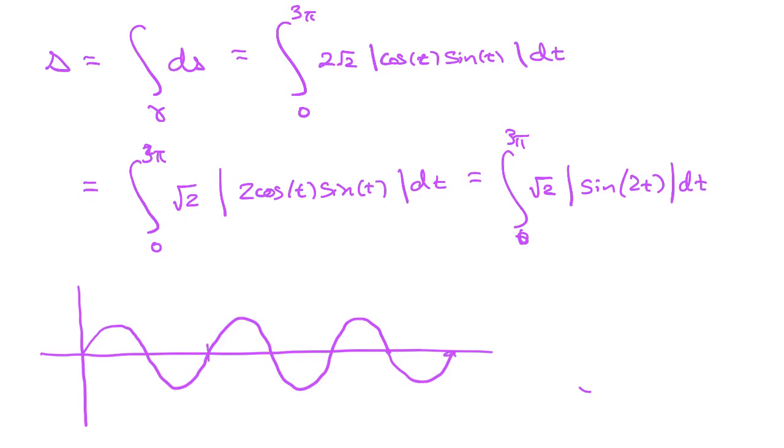So this function is going to repeat inside our distance of pi, so at pi, at 2 pi, and then at 3 pi. Now for all of these, this function is going to be symmetric above and below the x-axis.